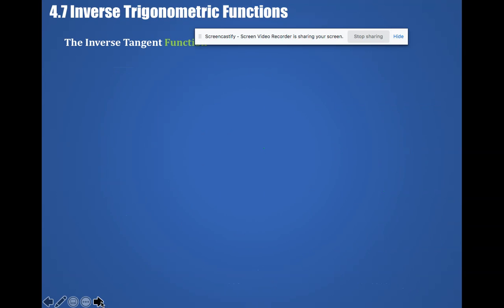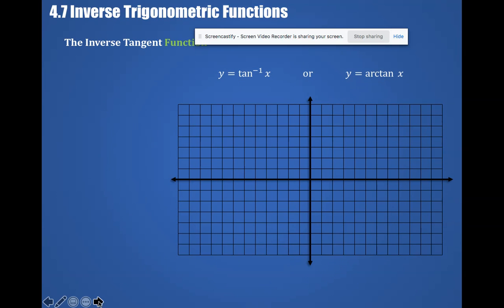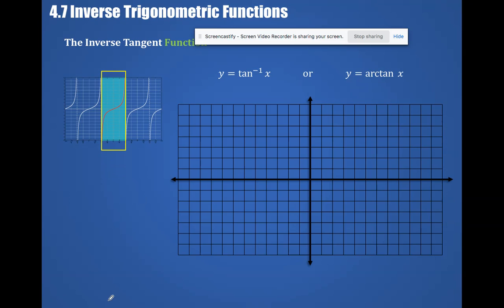Let's do inverse tangent. Hey, what do you think a natural restriction here would be? Right? One of the snakes. Whoa, why are these not included? The asymptotes are there, right?